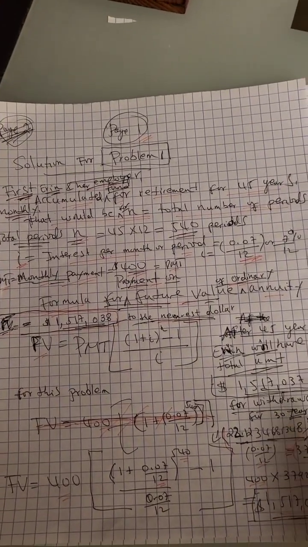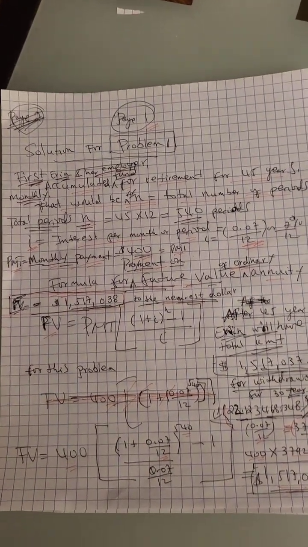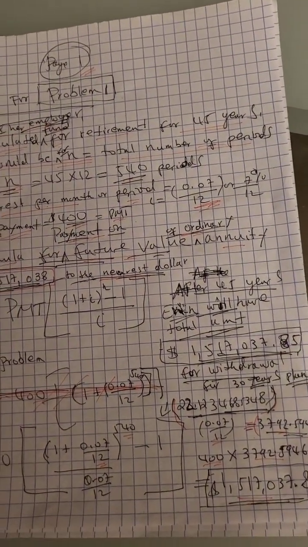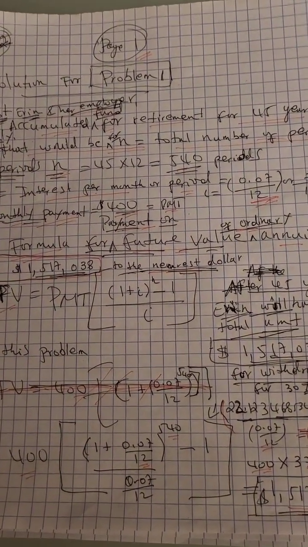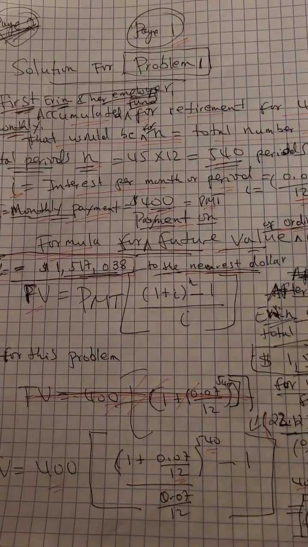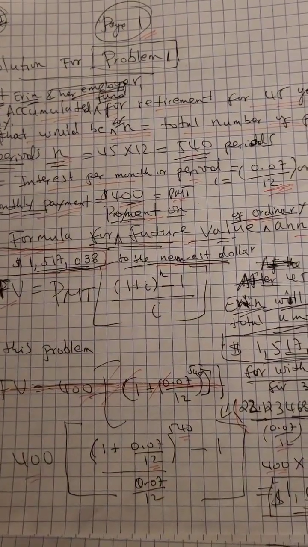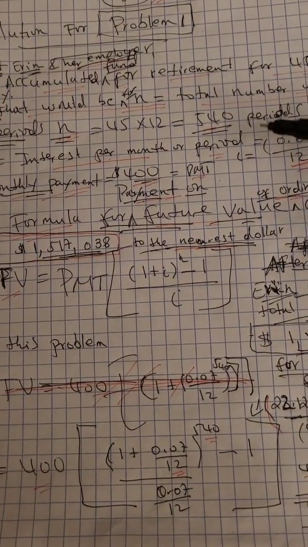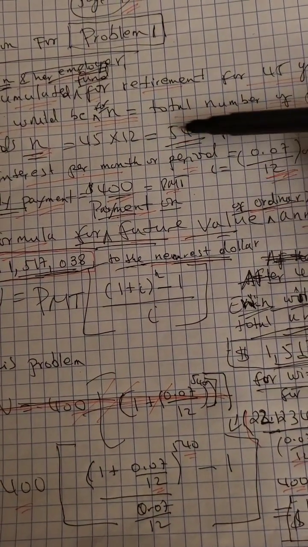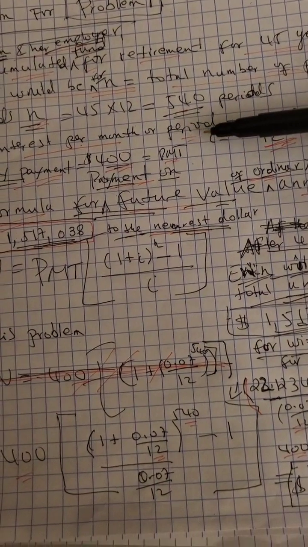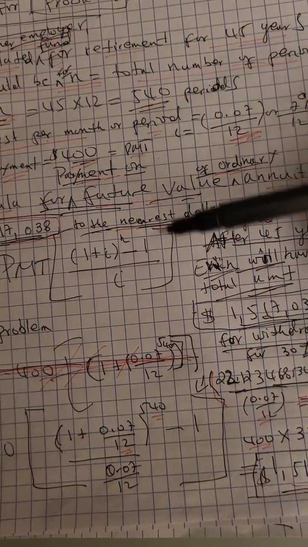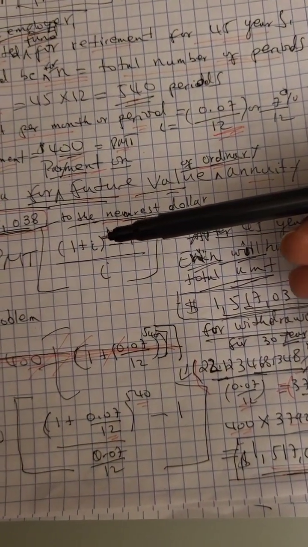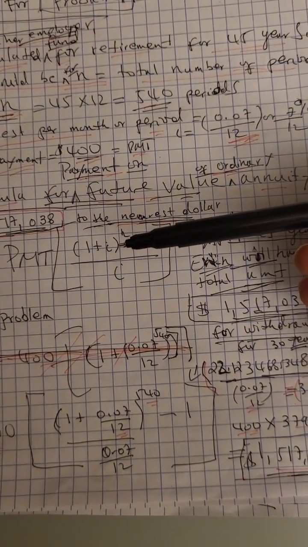In this equation, we have 45 years. Within a year there are 12 months, so the total number of periods she will deposit every month will be 45 times 12, which is 540. That is n in the formula, the total number of periods she has deposited.